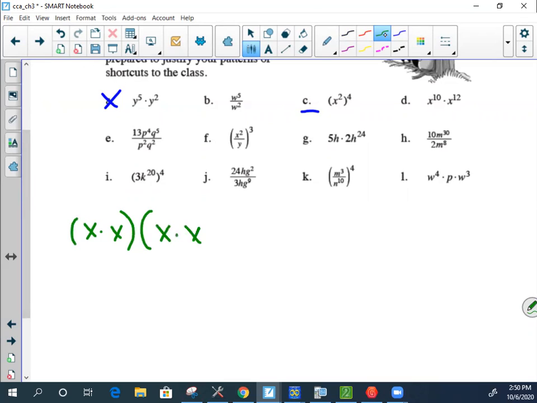So I write out 4 separate groups of x times x. And then if I count up the amount of x's I have, I should get x to the 8th.